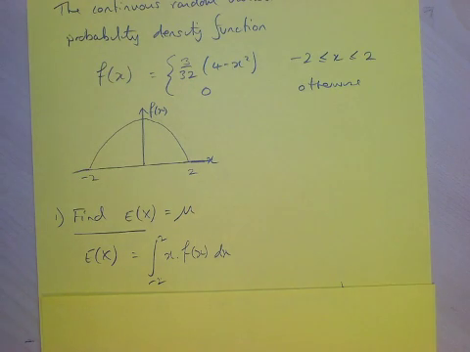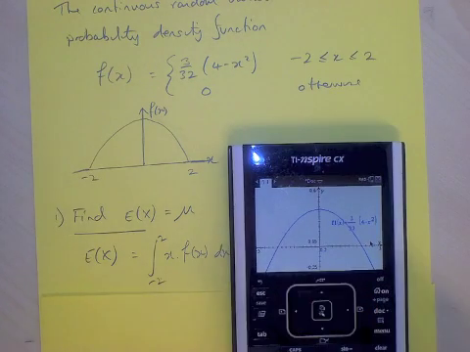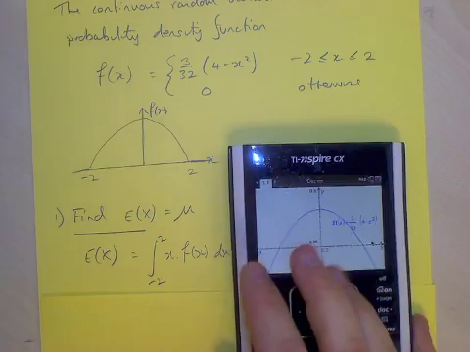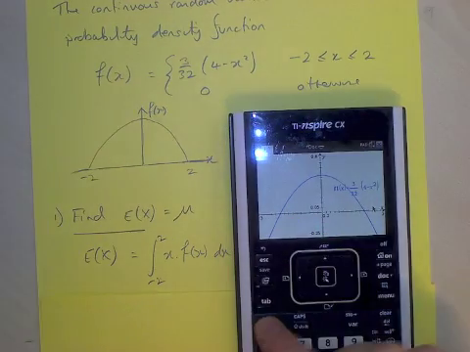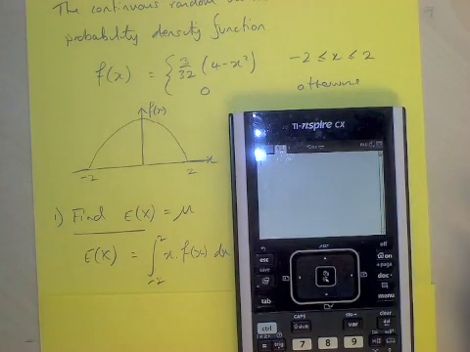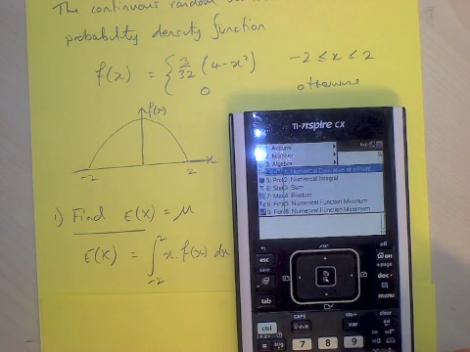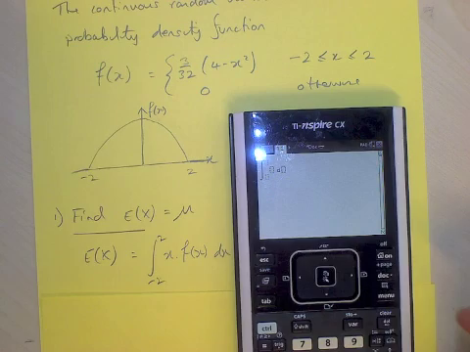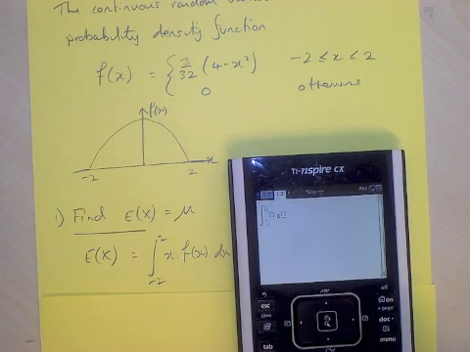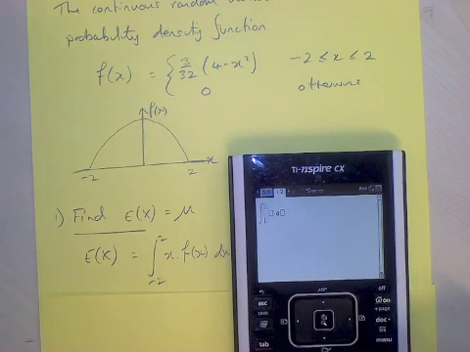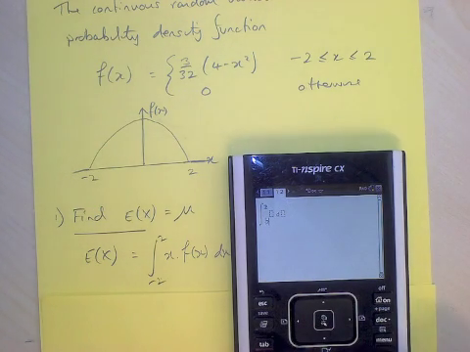I can calculate that by hand if necessary, but of course if you've got your calculator, I can exploit some of the shortcuts. Let's add a page, add a calculator page. I'm going to go menu, 4 for calculus, 2 for numerical integral. Let's put the limits in from 2 to minus 2.